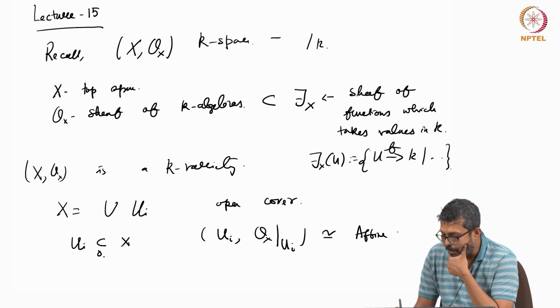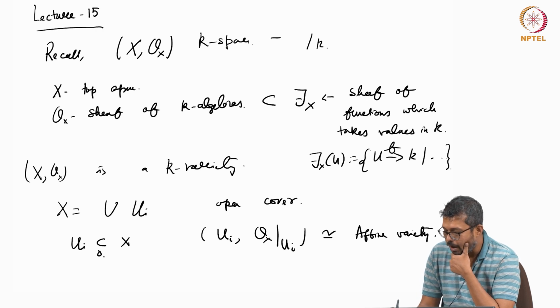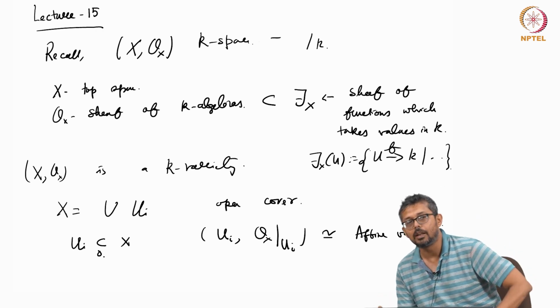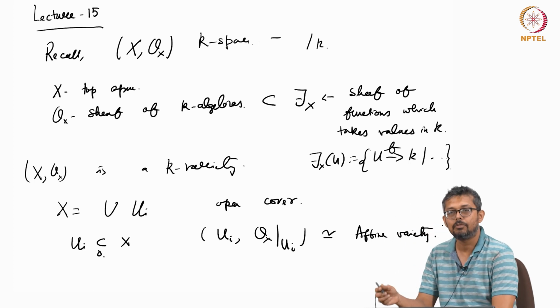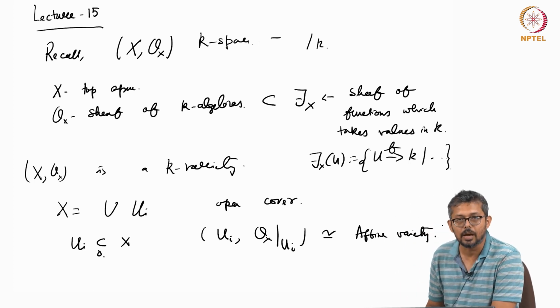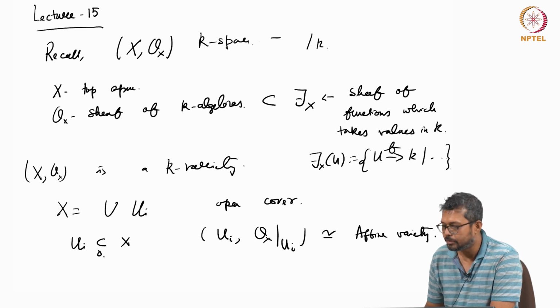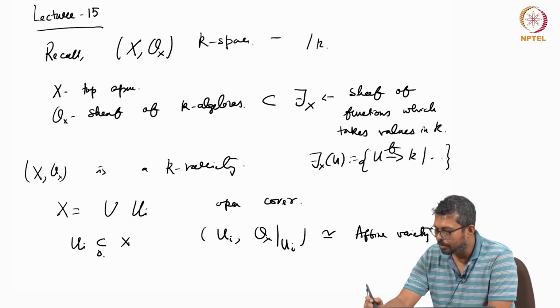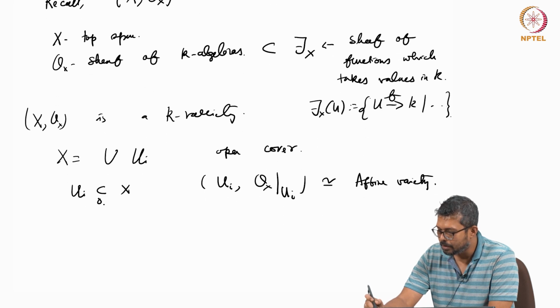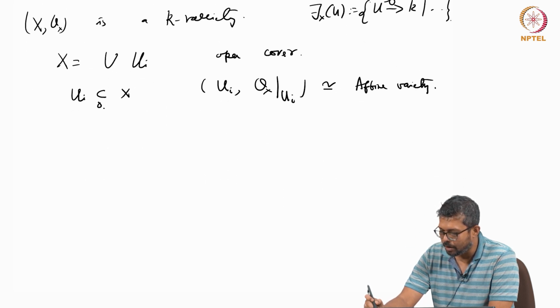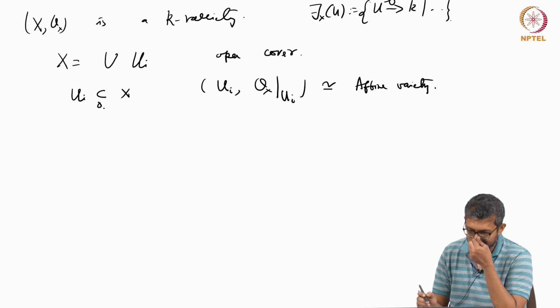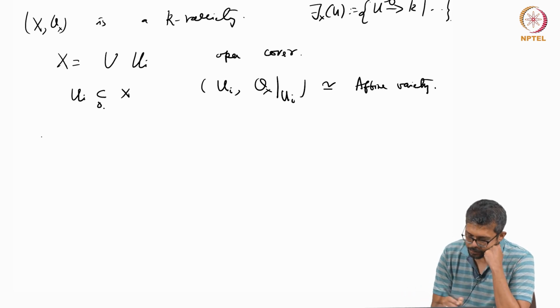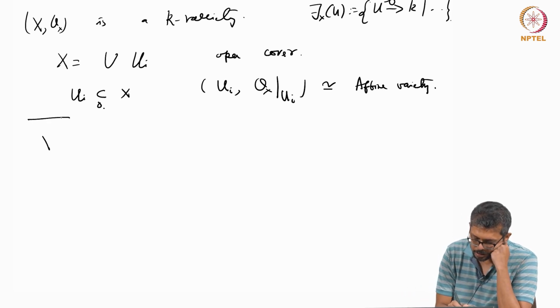By the way, if you have an affine variety, the ring of K-valued functions, the regular functions, form a K-algebra, right? A sheaf of K-algebras. So what does it mean? That means if you have an affine variety, suppose X is an affine variety, say X is A^n.